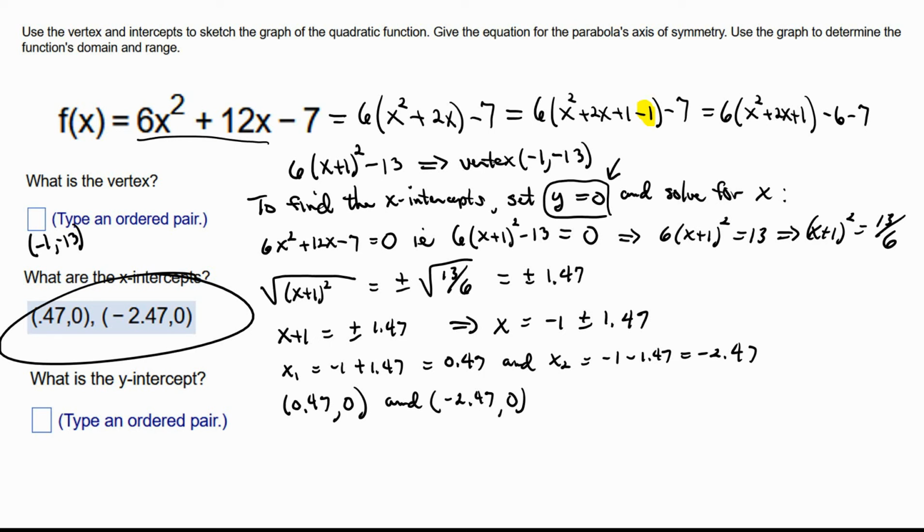And then they ask for the y-intercept. And hopefully, by this point, you're not just sick to your stomach and like, where's the nearest subway, right? So what is the y-intercept? That is, let x equal 0.